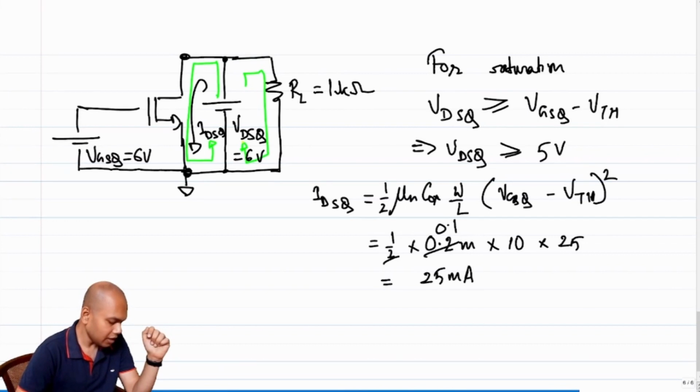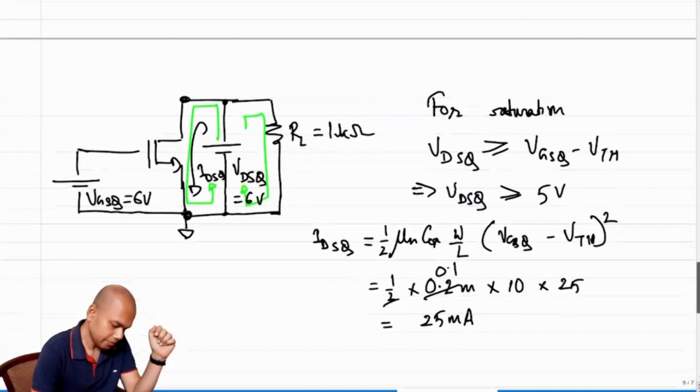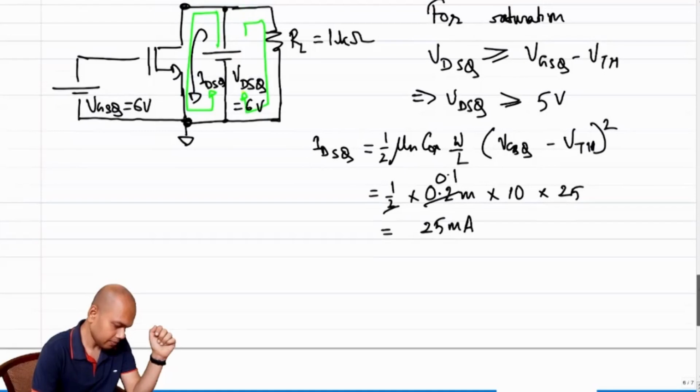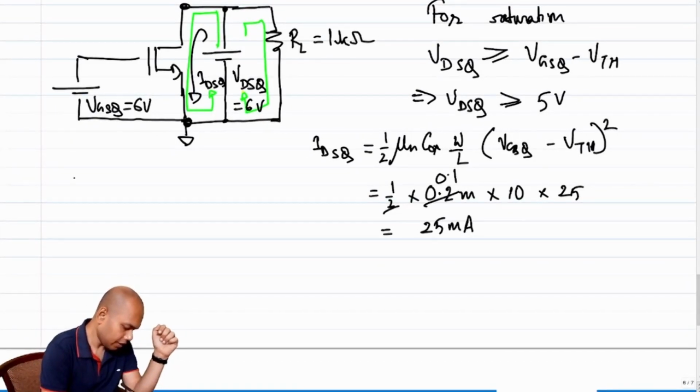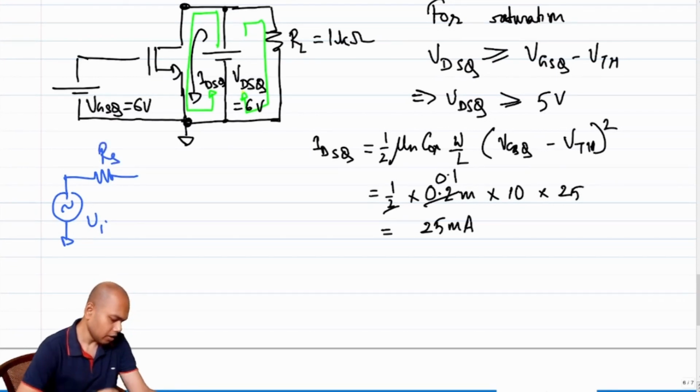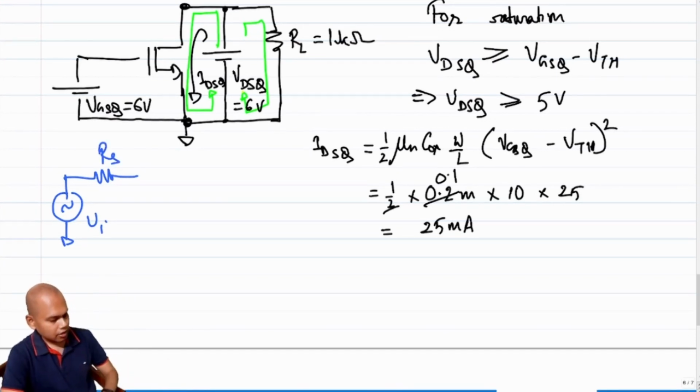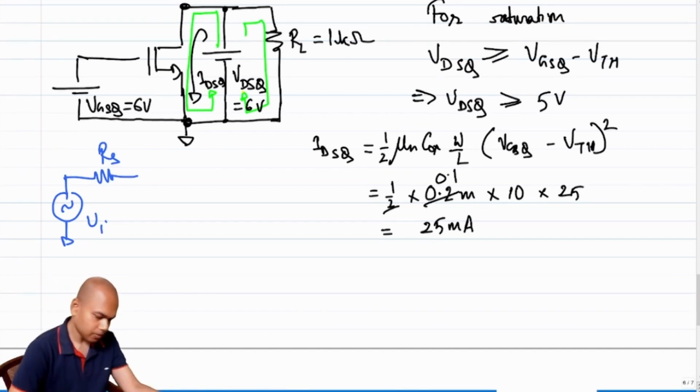So if I have an input source, Vi and RS, where should I connect this and how should I connect this?